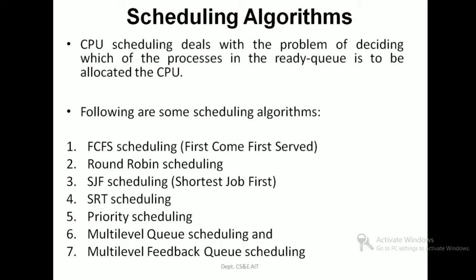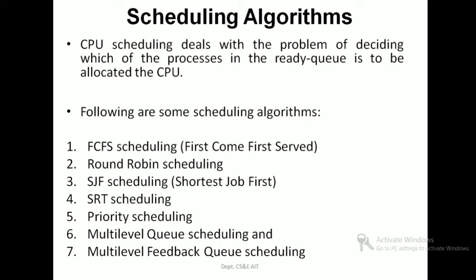Now talking about scheduling algorithms, as I told you earlier, there are various scheduling algorithms available as seen here, and you will be studying all of these as a part of your theory curriculum in operating system. But what is the requirement here for your experiment?